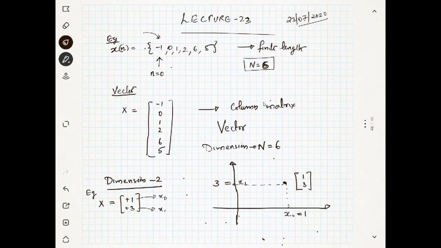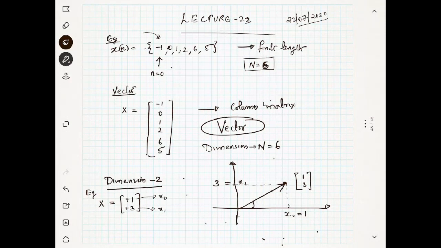Do you agree with me in this regard to represent like this? Yeah. Okay. Now why I am calling this as a vector? Because you can represent like this as a straight line with some arrow and some angle with the first coordinate.